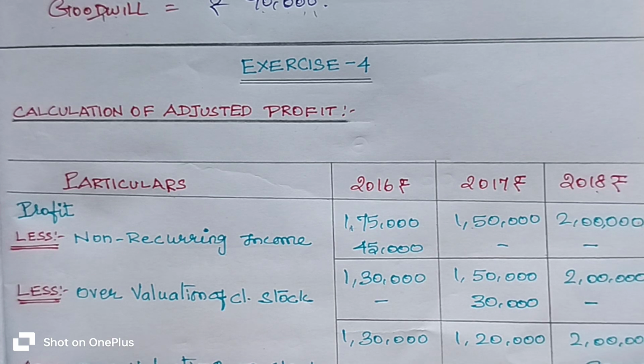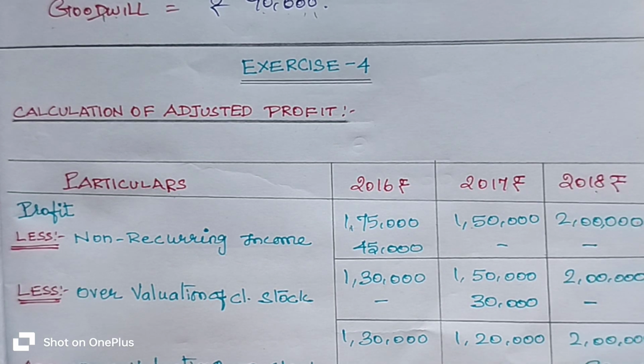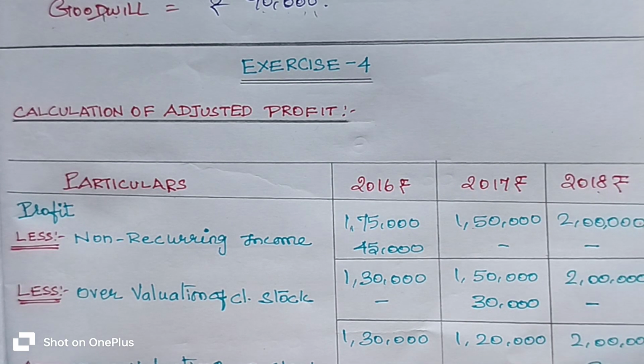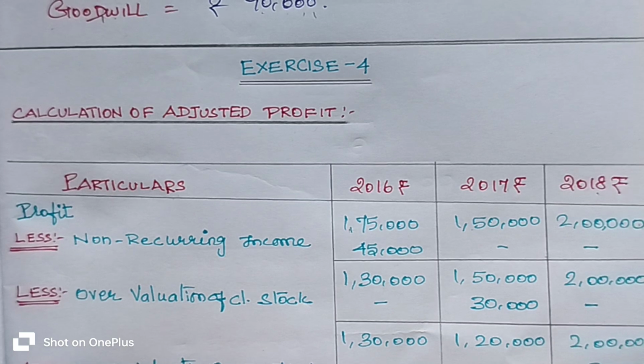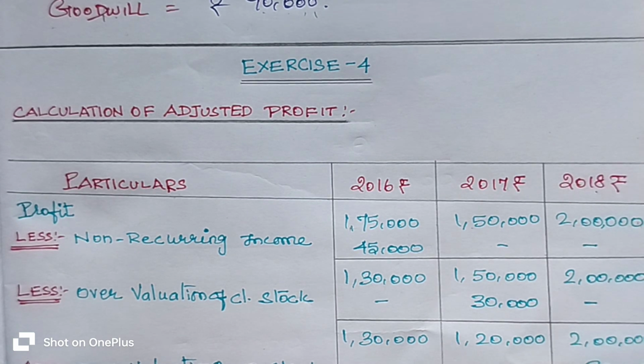Otherwise, you get normal income as per every year. Because of the Kumbhabhishekam, people all gathered there from different parts of the country. So suddenly you earned unexpected income 45,000 in the year of 2016.